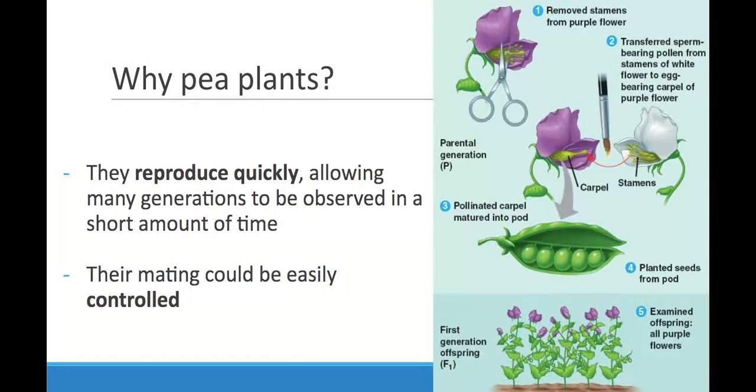And that way he was able to cross 2 parent plants together and know which parents gave rise to a certain offspring. So he was able to say, okay, I have plant A and plant B, and he was able to cross them together and get plant C, and know that A and B were the parents of C.